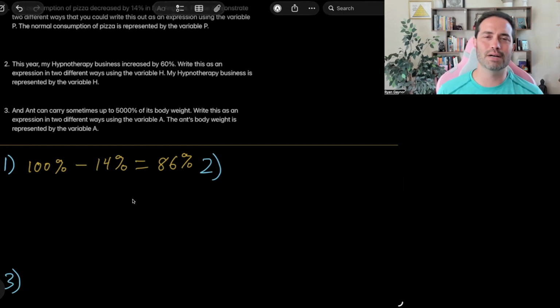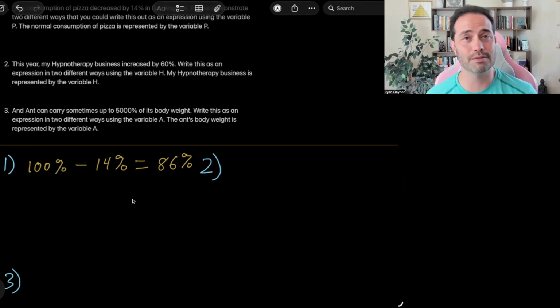Now, I want to point out common mistakes. A decrease of 14% means that we are using 86%, right? Or in this case, we're consuming 86% of what was consumed last time.